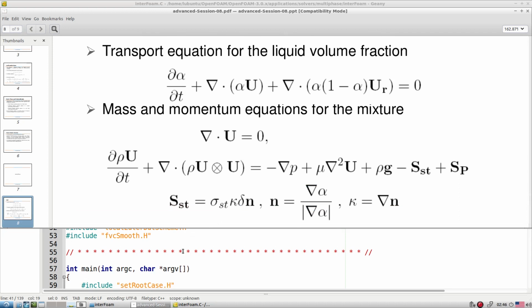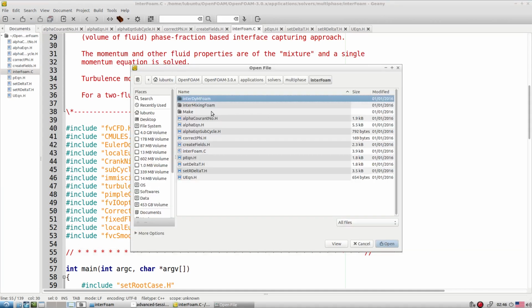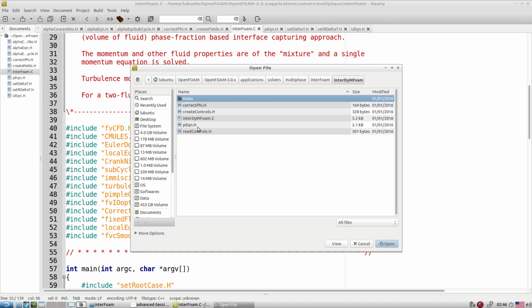So let's have an idea about all the equations and how we are going to look at things. Let's go first towards interFoam, and look at interFoam and dynamic interFoam. So interFoam with dynamic mesh motion, what is the difference?